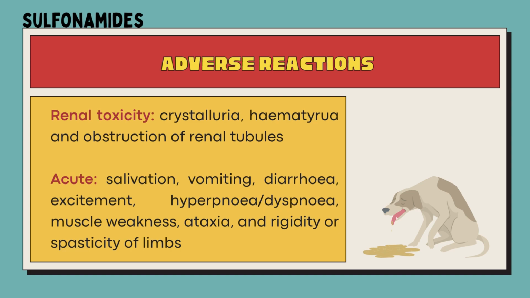Crystalluria is more common with rapidly excreted sulfonamides than those excreted slowly. The renal damage is also more common with their acetylated derivatives due to less solubility in acid urine as compared to their glucuronide or sulfate conjugates, which are highly soluble.